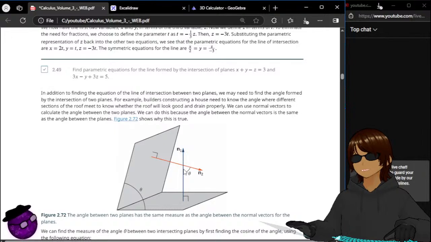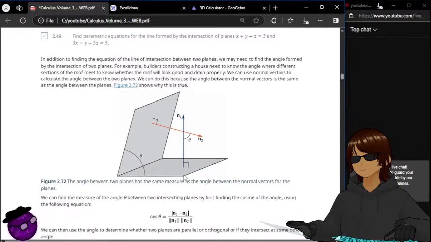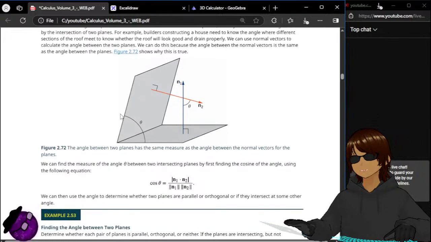So this theta is equal to this theta. Yeah, I can imagine this theta being equal to this theta.